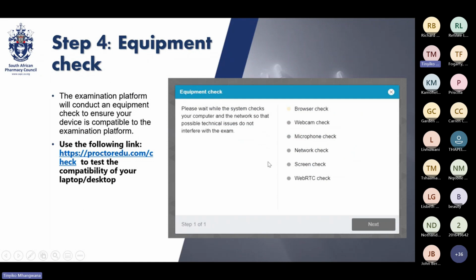Equipment check. So when you have put in the OTP, please note some of these things that I'm saying, it's a repetition because I'm going deep into details of the whole process. So when you have logged into the exam, the first thing that the system is going to do is check the equipment that you have. Remember, I said your laptop must have a camera. You must be on the right browser.